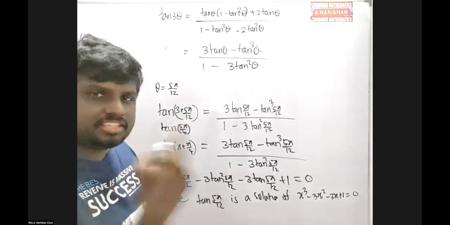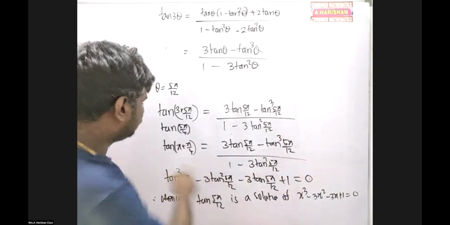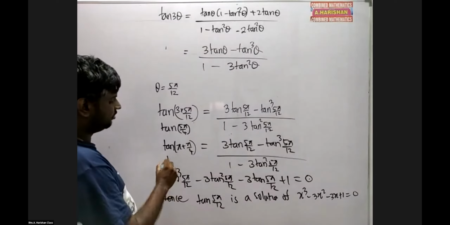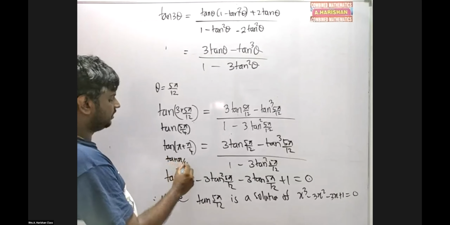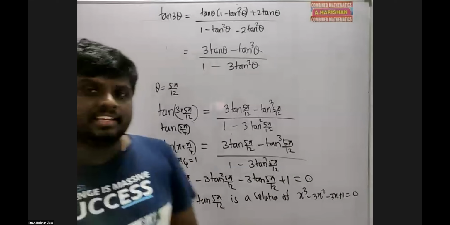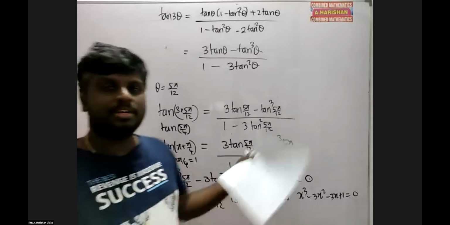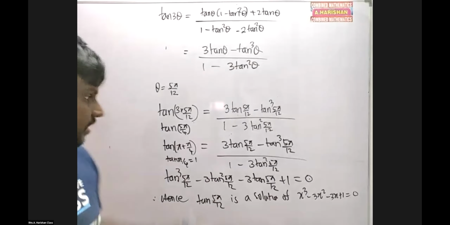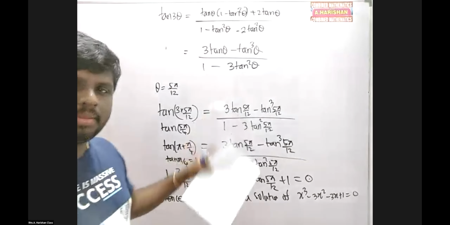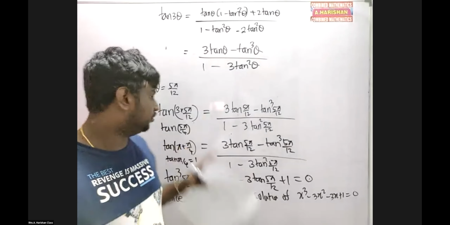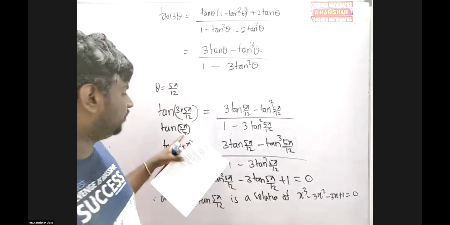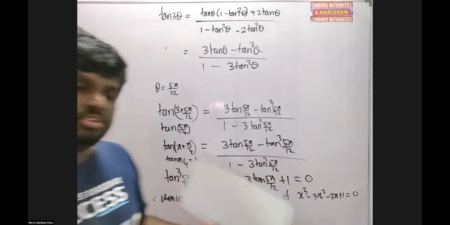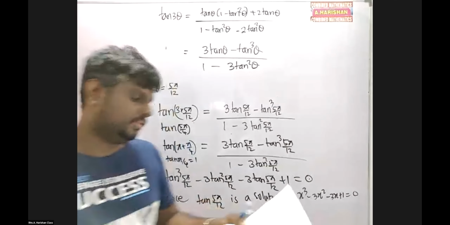Pi doesn't change tan to cot, so tan pi by 4, that is 1. Is it clear? I didn't write those steps, but you have to. How does 3 into 5 pi by 12 become 1? Because 3 into 5 pi by 12 is 5 pi by 4, which is pi plus pi by 4, so it's going to be 1.